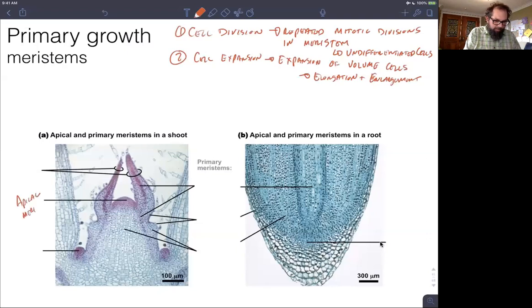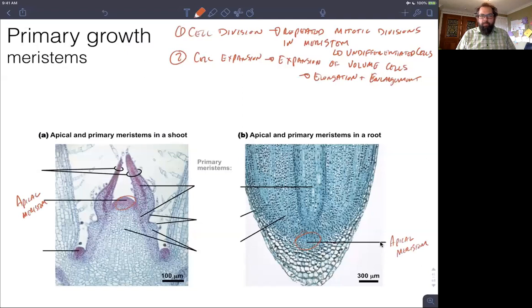Here's the apical meristem. That's that population of cells that's dividing at the tip of the plant. In the root, which we can see on the right hand, the apical meristem is similar, where we have a population of cells that is continually dividing.